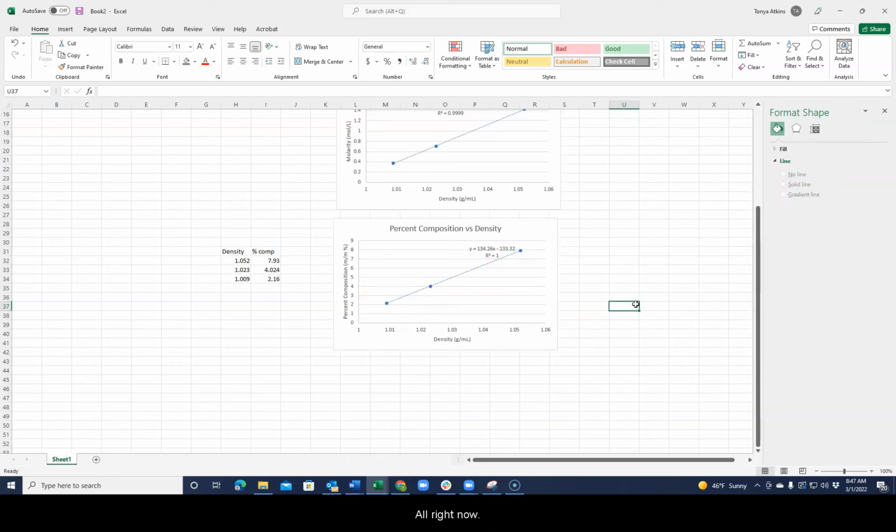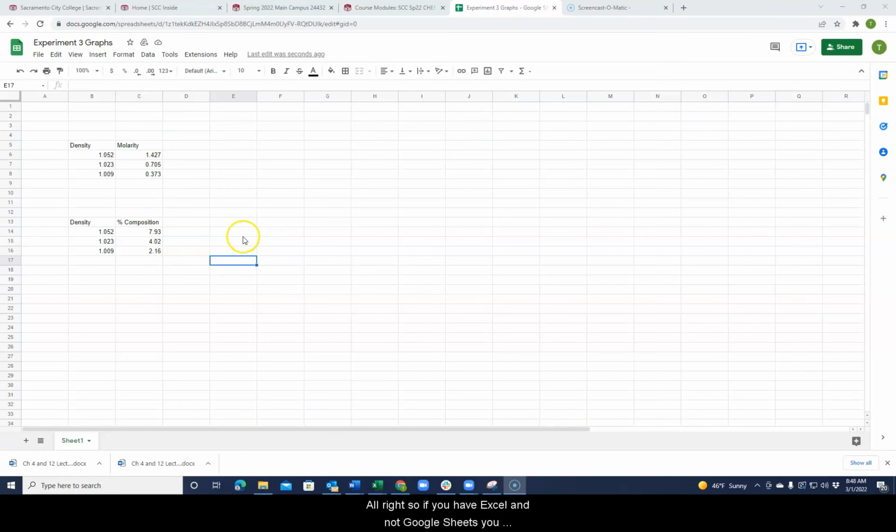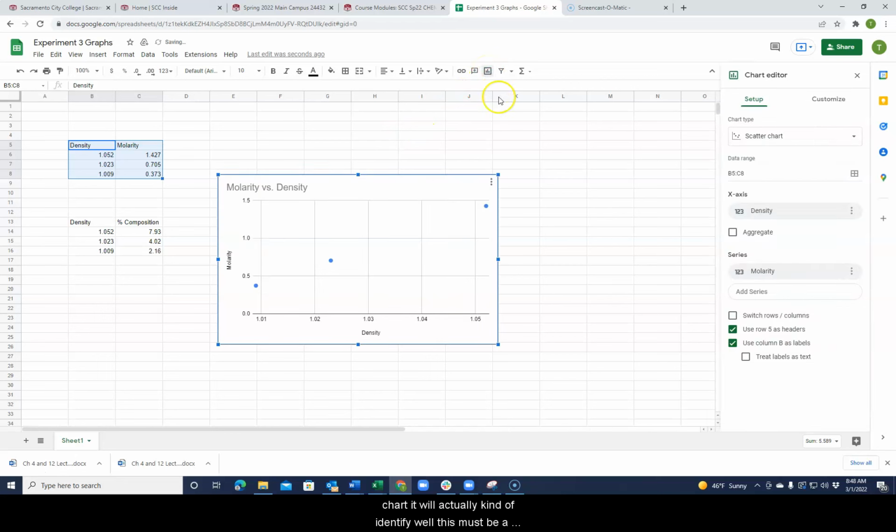All right, now what we're going to do is I'm going to show this same thing in Google Sheets. All right, so if you have Excel and not Google Sheets, you can just fast forward this part of the video. But here for Google Sheets, what's cool about Google Sheets is that I can highlight everything, and if I insert the chart, it will actually kind of identify, well, this must be a scatter chart based on the data.